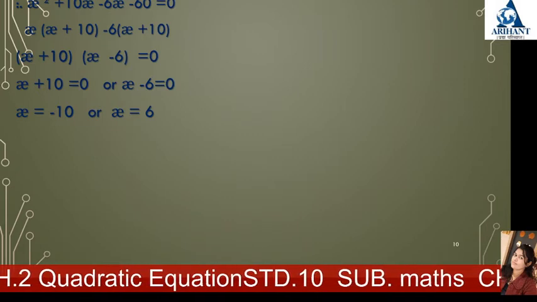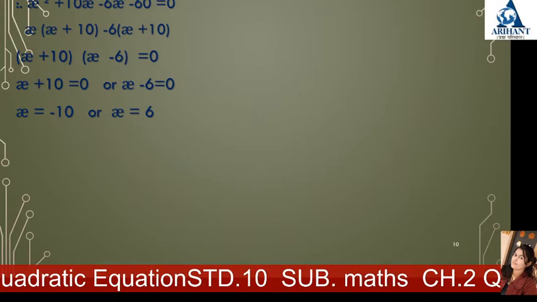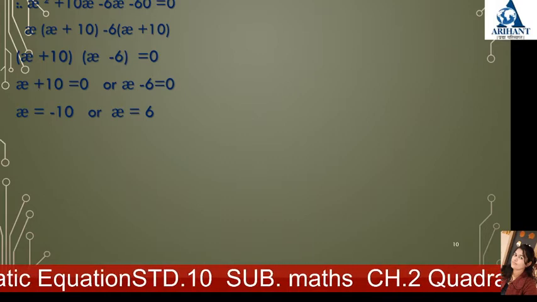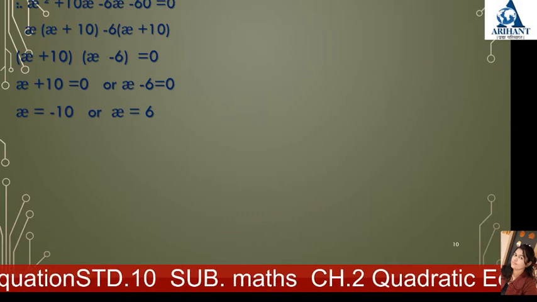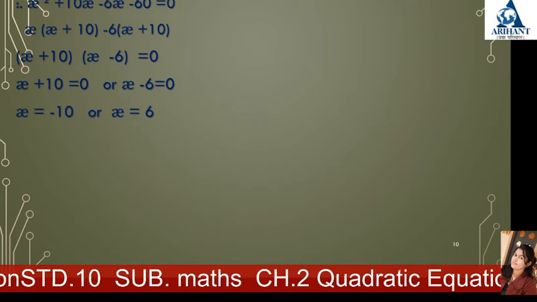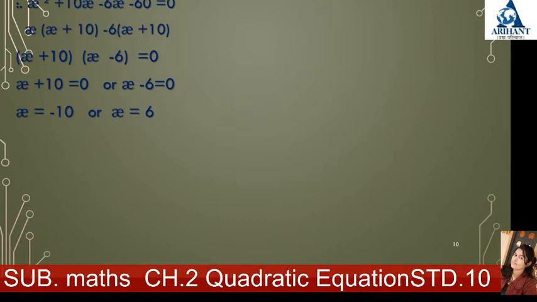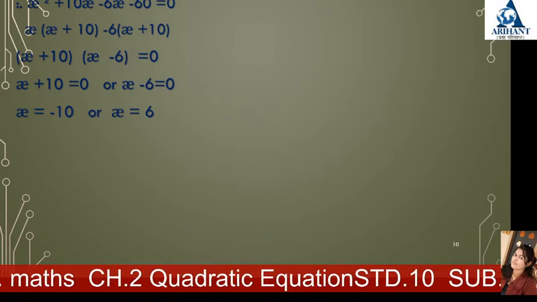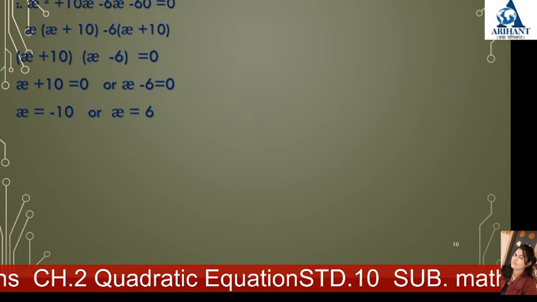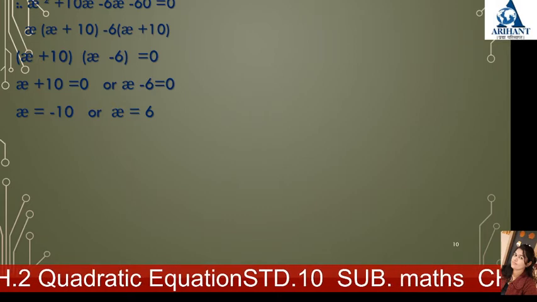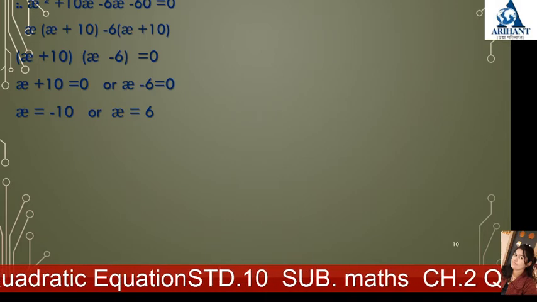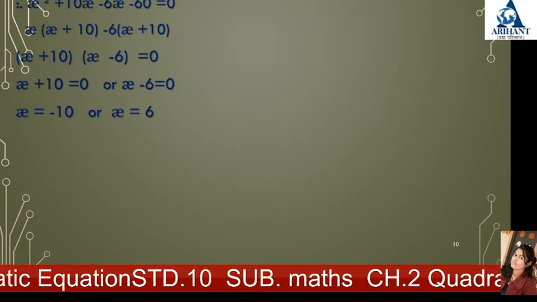Now if we want the value of x, we need to shift the 10 to the right side. So x is equal to minus 10, because if we shift a positive sign from the left side to the right side, it automatically gets the opposite sign. And x is equal to 6, because 6 has a negative sign on the left side, and when shifted to the right side it gets the opposite sign.